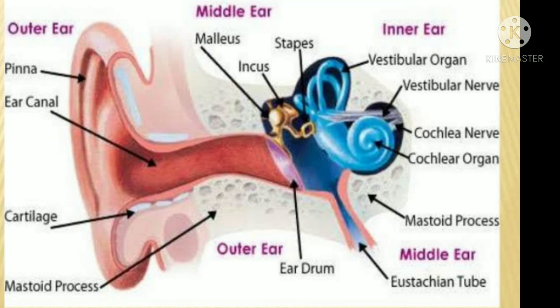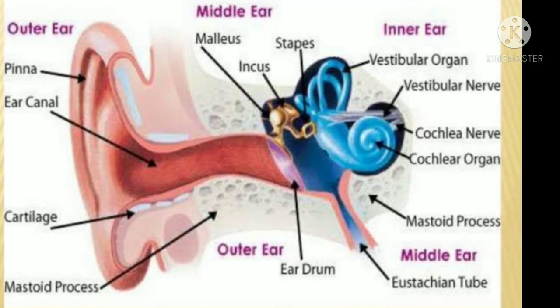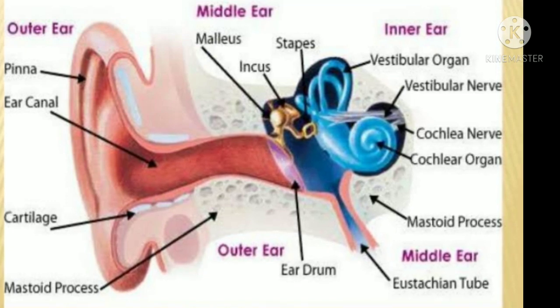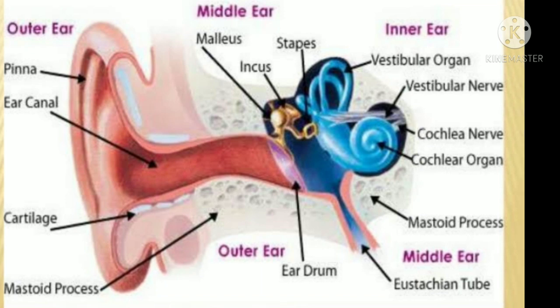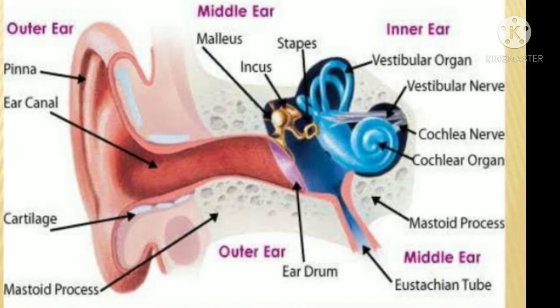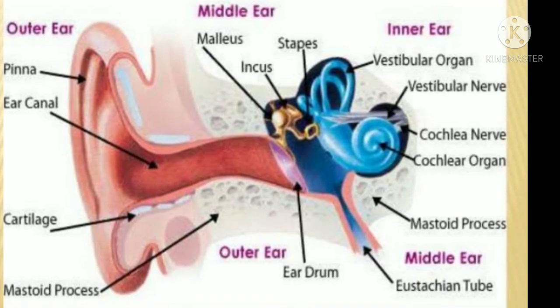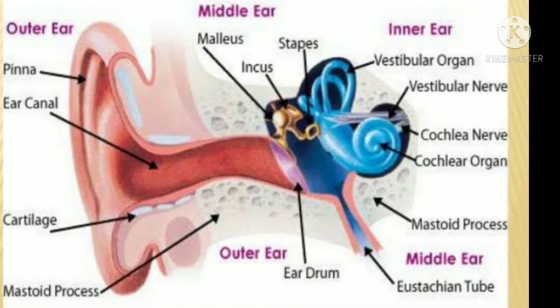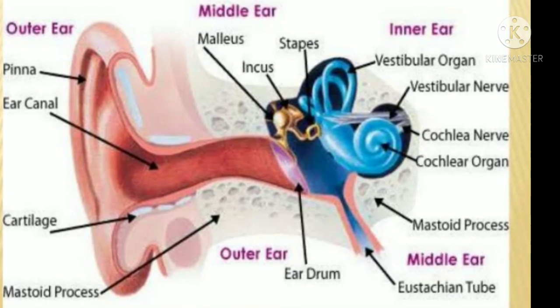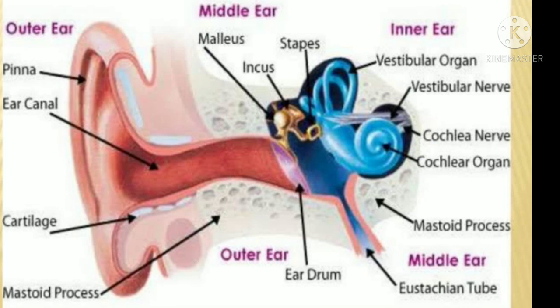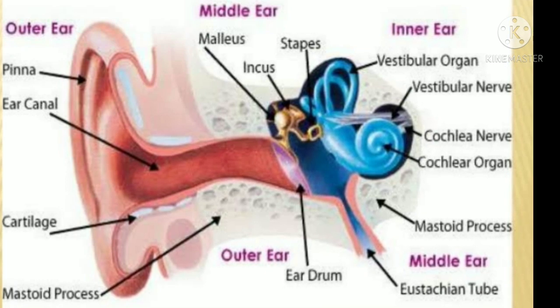Whereas the middle ear consists of malleus, incus, and stapes. These are the three tiny bones of the ear. And in the inner ear, there are vestibular organ, vestibular nerve, cochlear organ, and mastoid process.